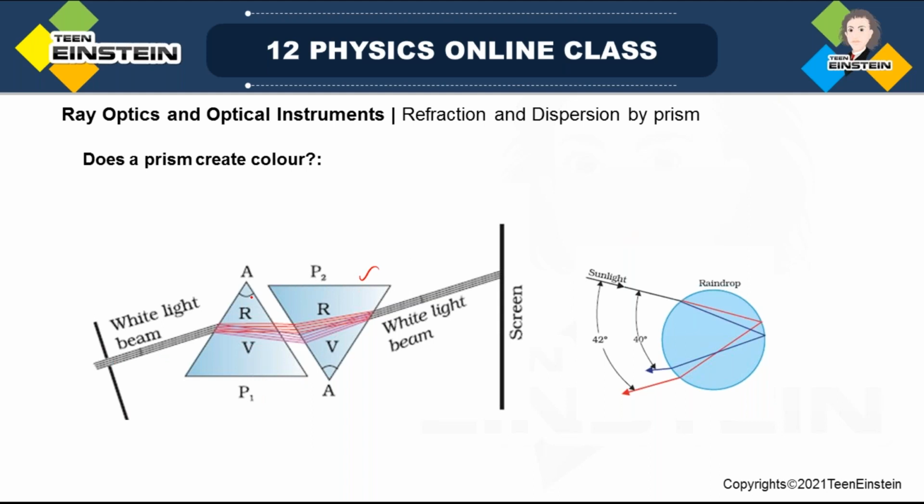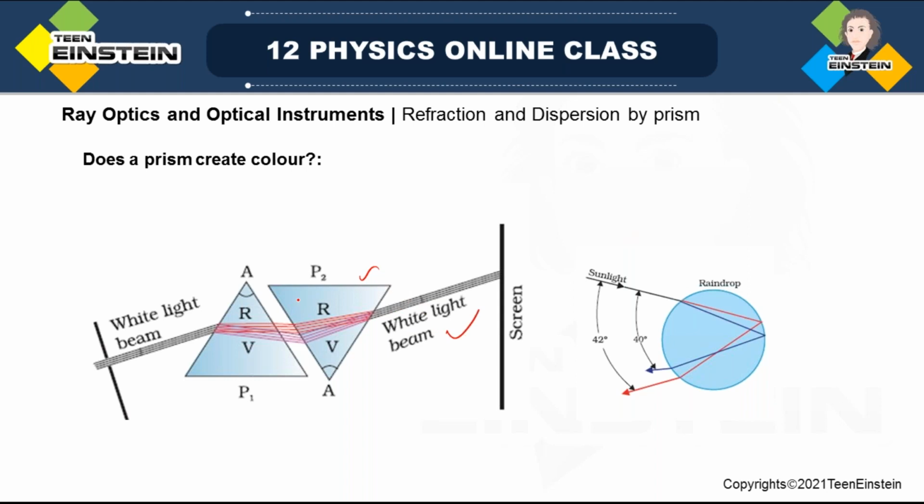So when the light is incident on the first prism, it gets split into different colors, and those emergent lights are made to fall on the refracting surface of the other prism, and when it emerges from the opposite surface of the second prism, all the lights recombine to give you white light.